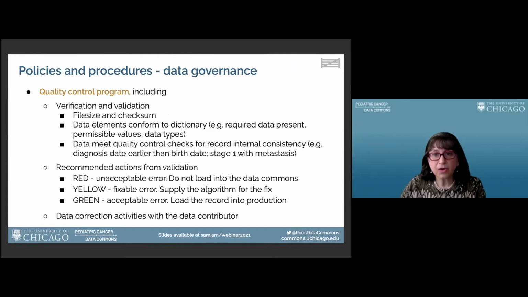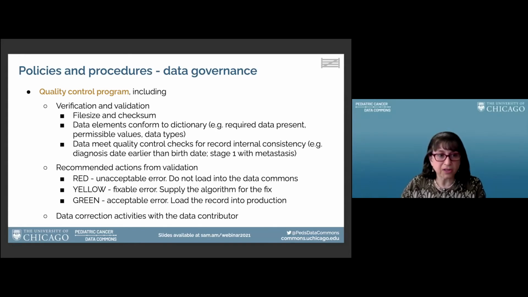And next, we check the internal consistency of each patient record. For instance, we check that the diagnosis date is not earlier than the birth date. We check a patient in stage 1 does not also have metastasis. The quality control program categorizes the validation checks as red, meaning that we cannot load that data into the data commons, yellow, that a fix has been identified for that error, or green, that the error is acceptable.